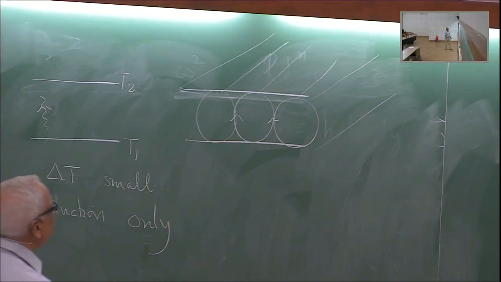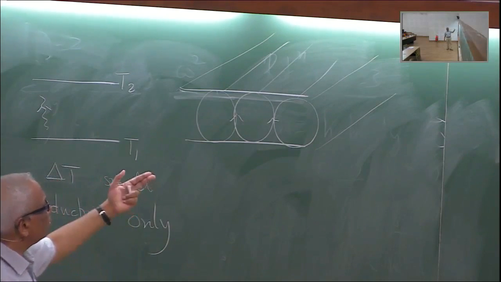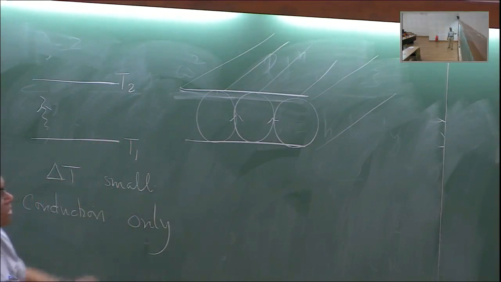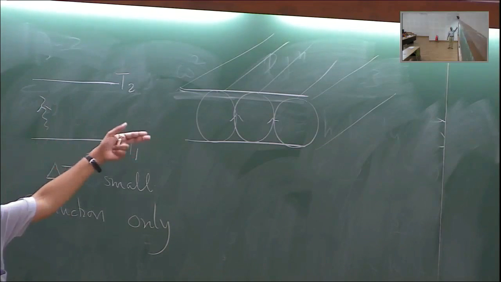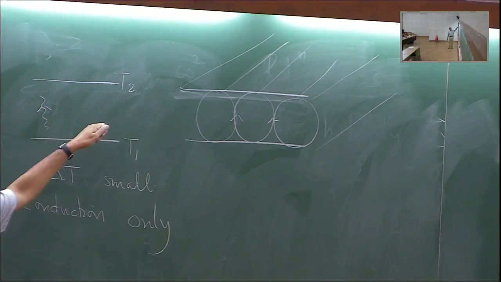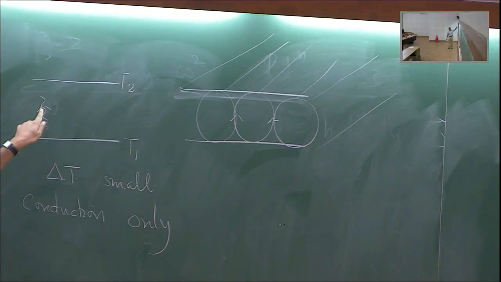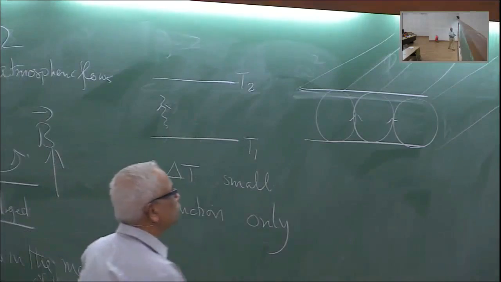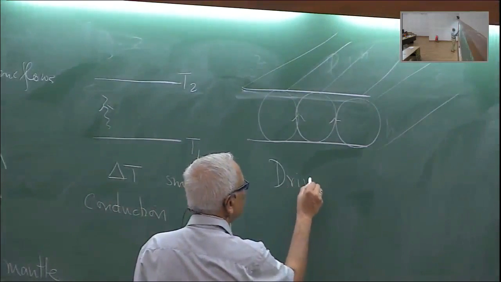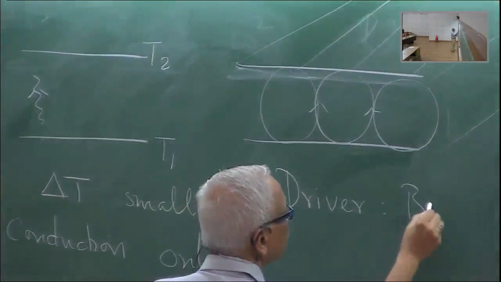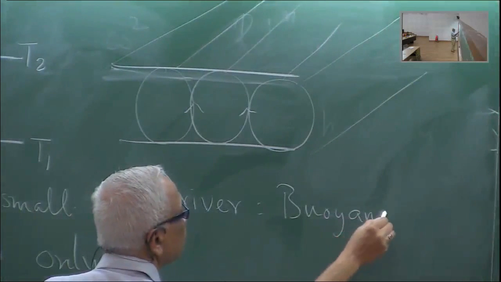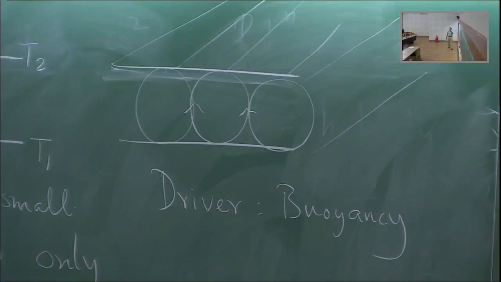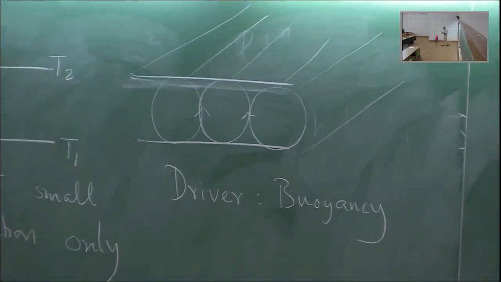So now, when does this state go over to that state? Well, it is controlled. Who wants to transfer this to that? You want the hot air to rise and the cold air to fall. The rising of the hot air is because of buoyancy. So the driver is buoyancy. Who would like to prevent this?